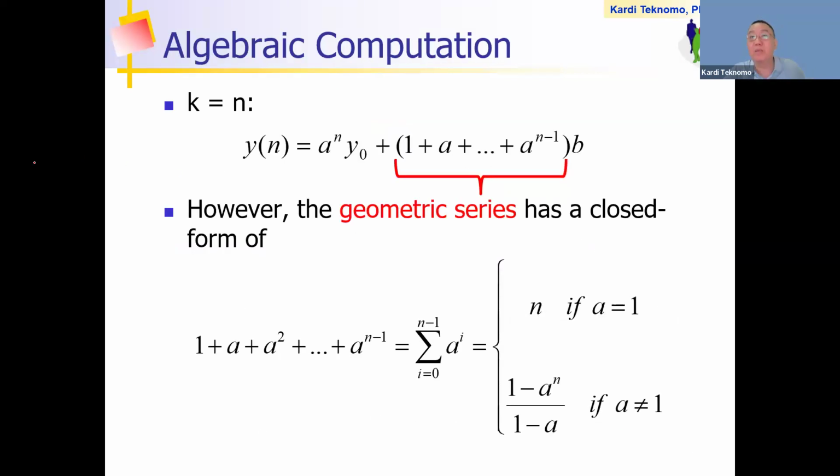If k equals n, you will have exactly this geometric series, and it has a closed form result, which is equal to n if a is equal to 1, and equal to this exponent expression if a is not equal to 1. So this is a very general solution.